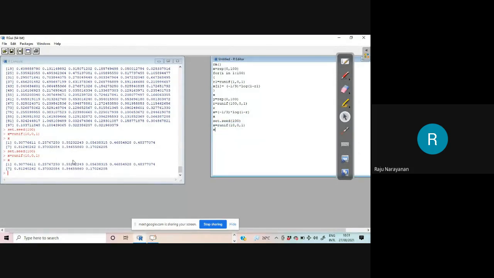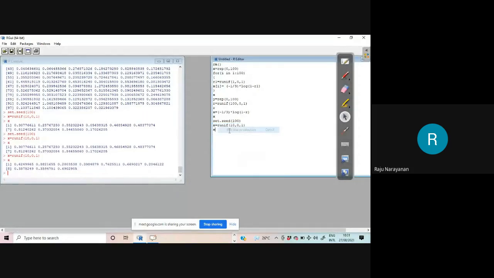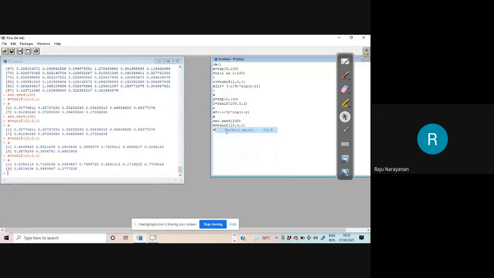You see, I am getting the same 10 numbers. 0.3077, 0.2561. Without the seed, I am getting different numbers. These two are different, these two are same, that is when you fix the seed.